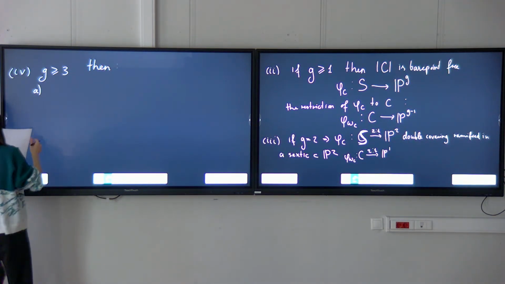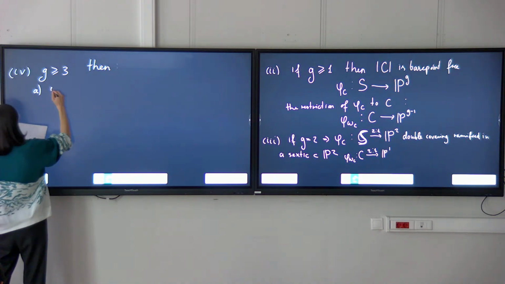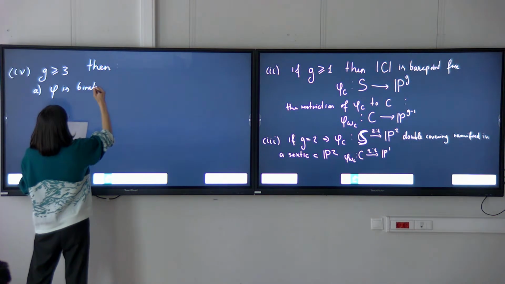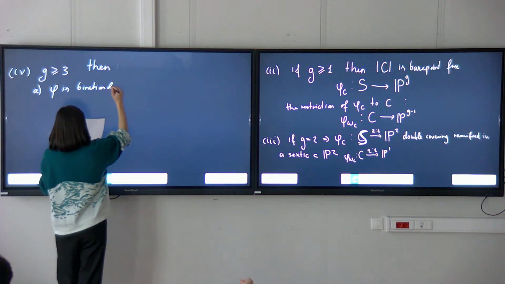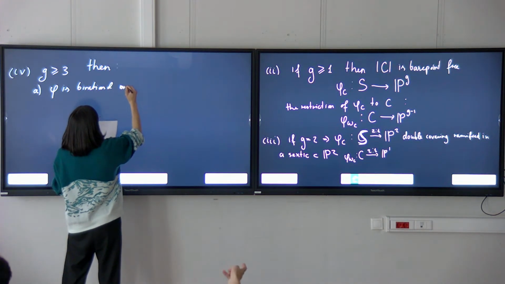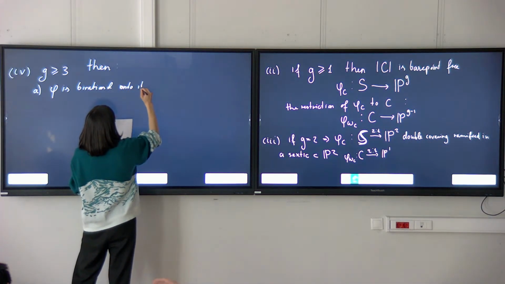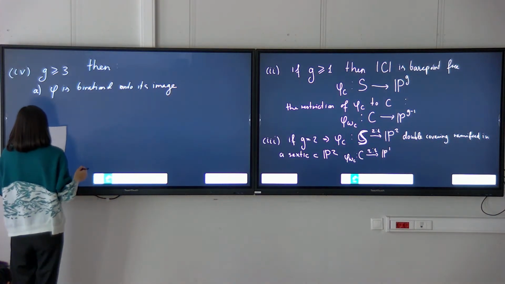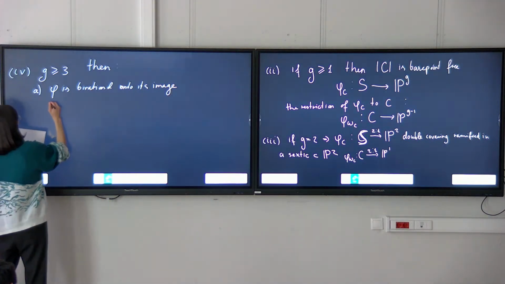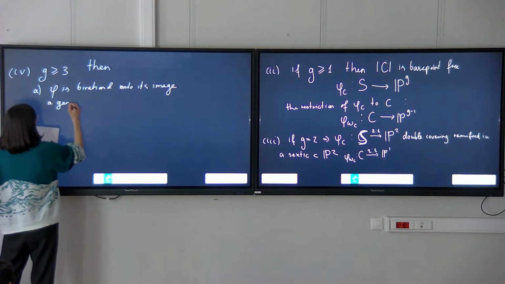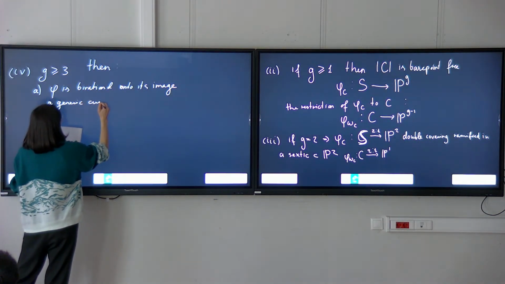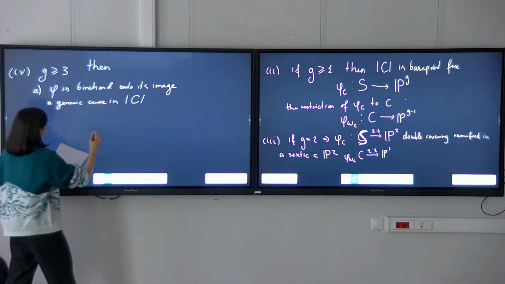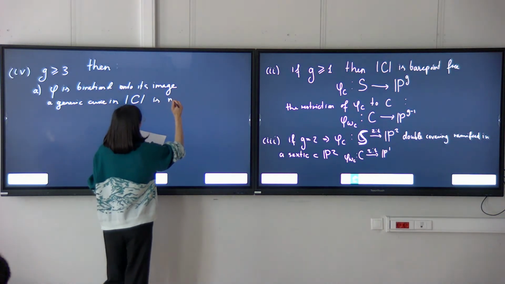First is when phi is birational onto its image, in this case a generic curve in the linear system C is non-hyperelliptic.